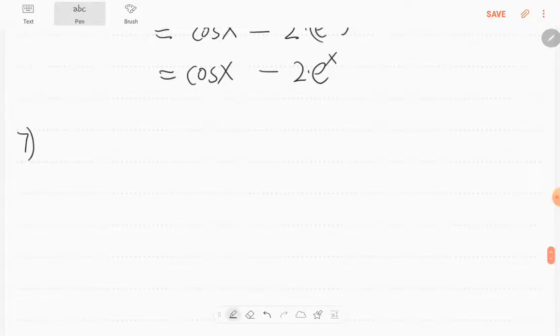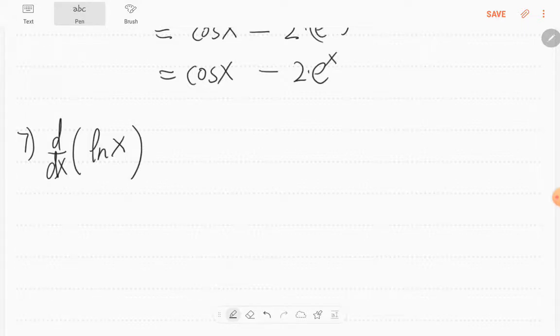Another special derivative rule is the derivative of the natural log of x. You don't need to know the formula for the general logarithmic function; you can check the table in your textbook. But here is a very special logarithmic function, called natural log, where the base is e.